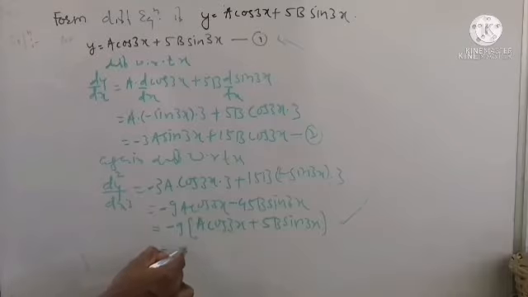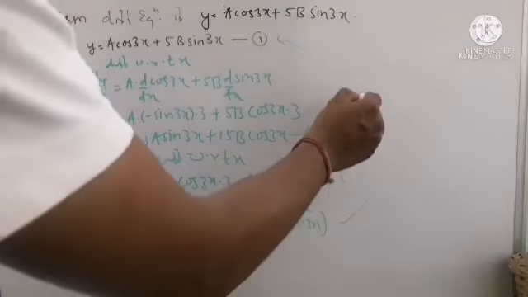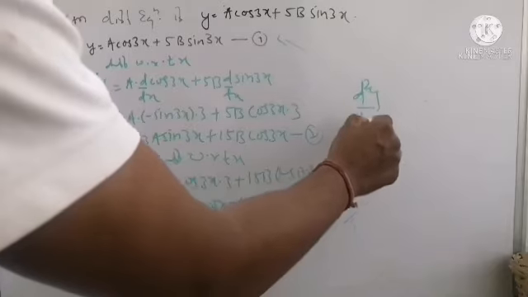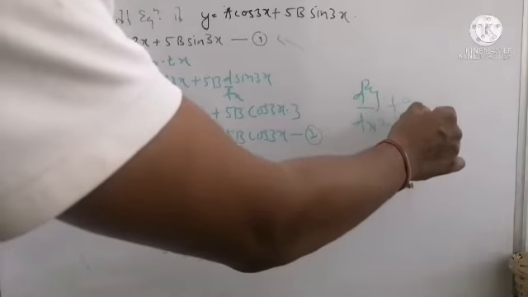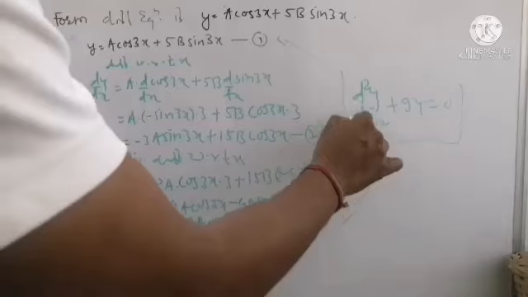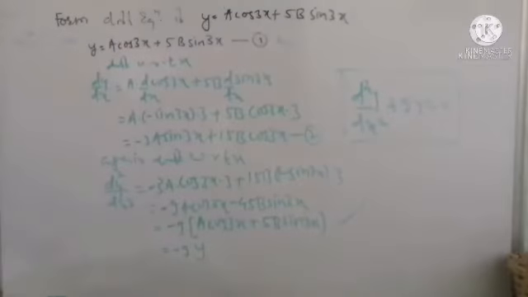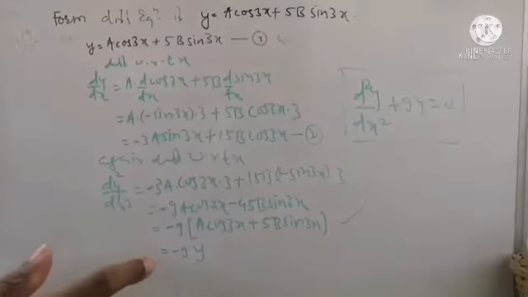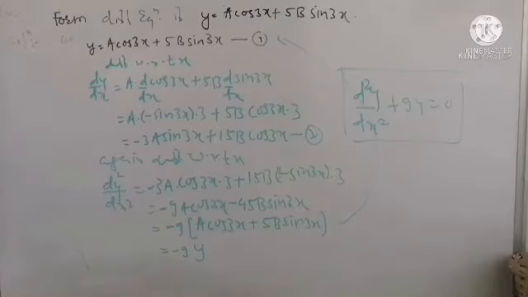So on the right hand side we get minus 9 and this bracket by putting y. Now this minus y came on the right hand side. On the left hand side we get the equation d square y by dx square plus 9y is equal to 0. Now this is the required differential equation, as the order of this differential equation is 2, and it is free of arbitrary constants a and b.